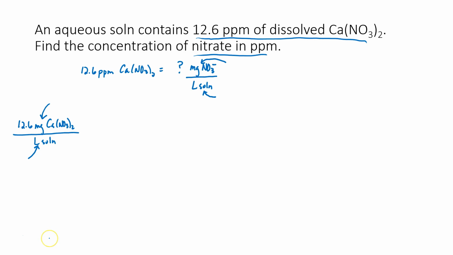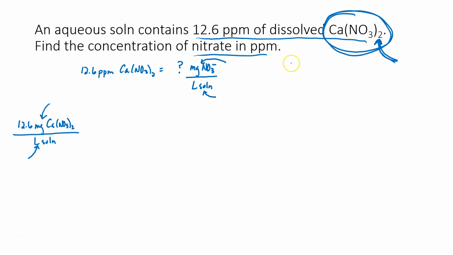Let's try it. Before we begin, it may be helpful to remember that for every 1 mole of calcium nitrate, how many moles of nitrate do I have? Well, look at your subscript. For every 1 mole of calcium nitrate, you've got 2 moles of nitrate.